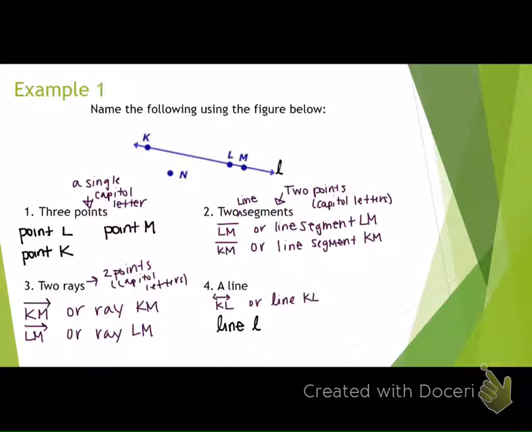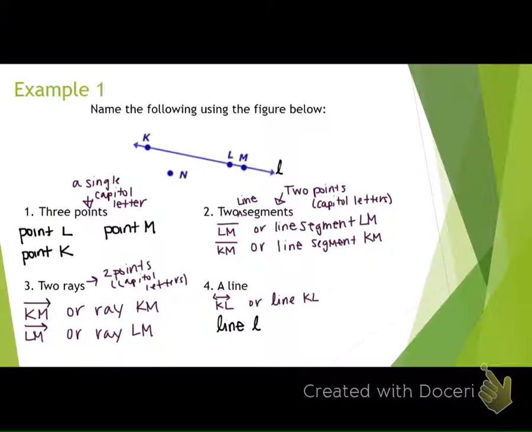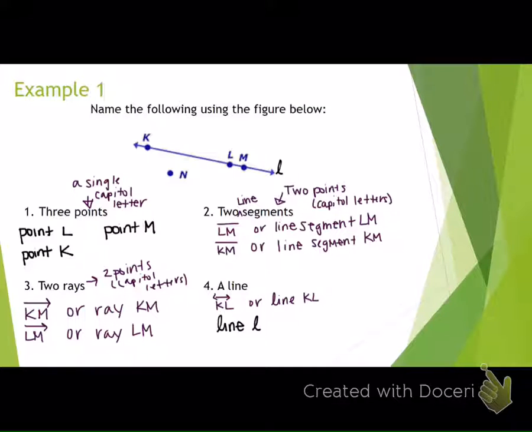So if you want to put that little L there, that cursive L at the end there, just to show you guys a different way, because sometimes it's nice to see different ways on your notes so that when you see it in your homework, you can do that. So remember, when you label a line, you need 2 points or a single lowercase letter. So 2 points, which are capital, or 1 lowercase letter.